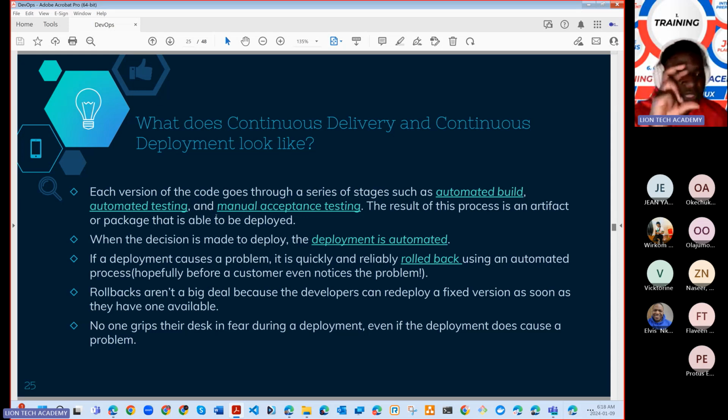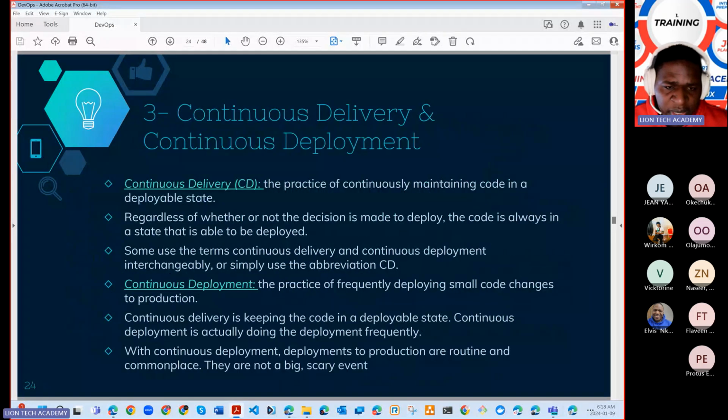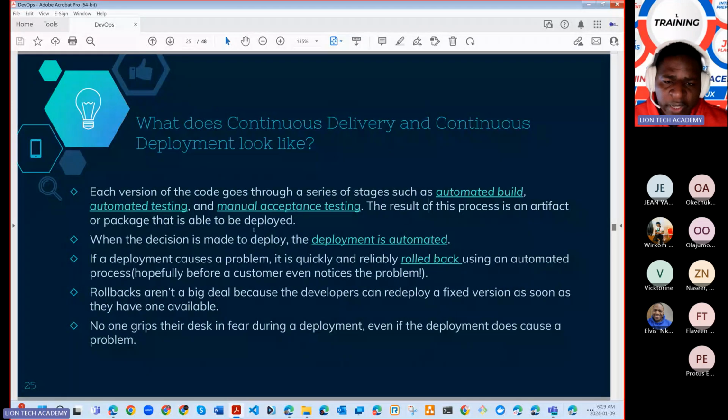That bread is an artifact of the ingredients that you have put in. But when you have that sample bread, we want to be able to test it. All of this should go through automated tests. However, there's what we call manual acceptance testing. Now think of it this way.